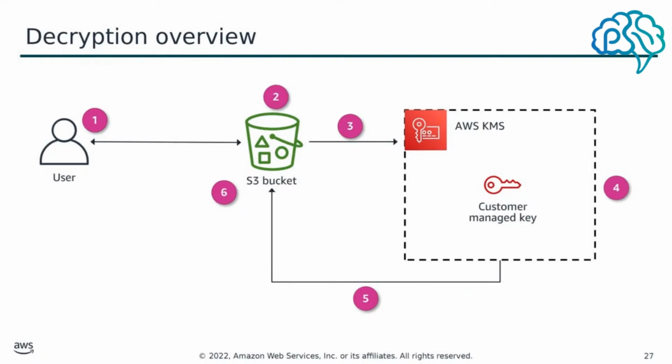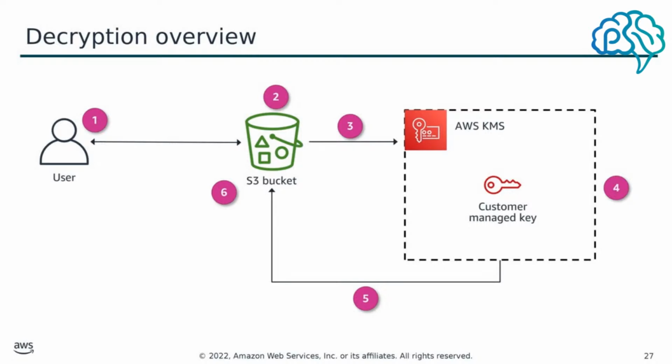So if we look at the decryption overview here, you request to open the object. Amazon S3 notices the object is encrypted. It then sends the encrypted copy of the data key that the object is encrypted with to the AWS KMS system.